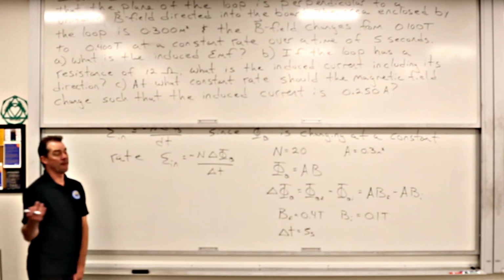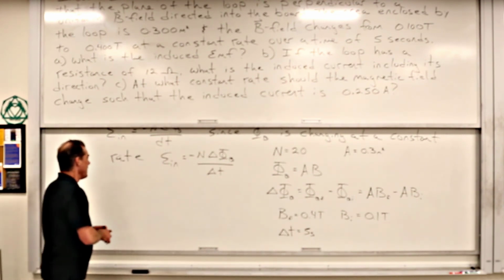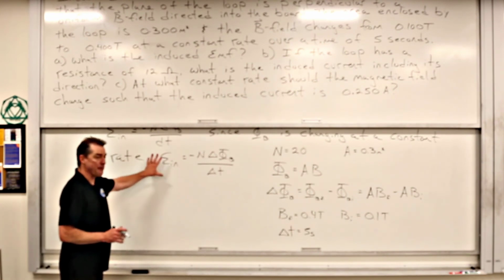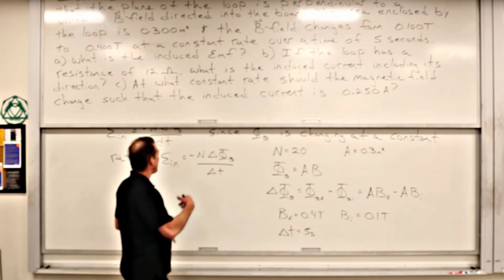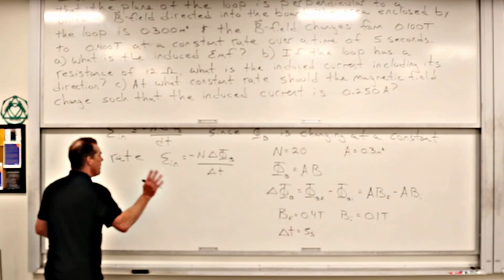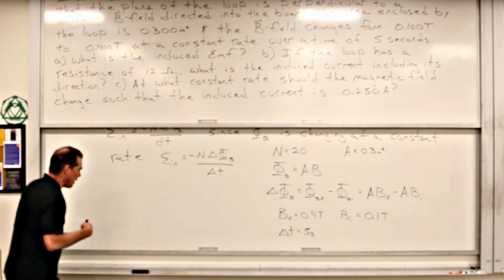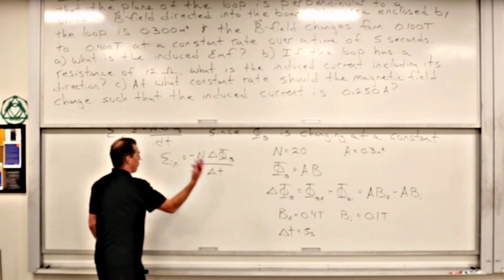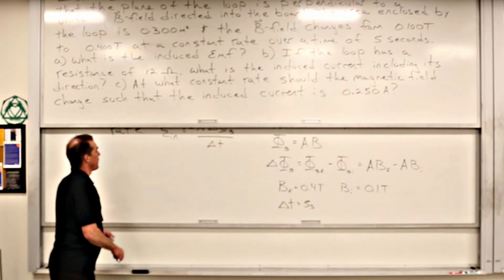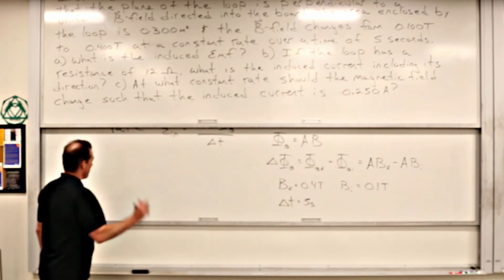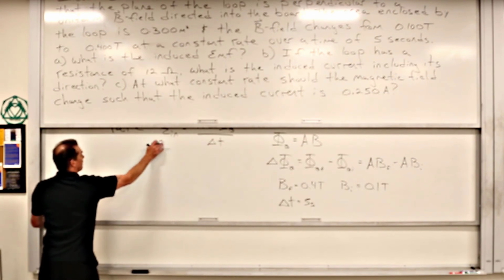So we can go ahead and define what the induced EMF is. Now, I'm just going to go ahead and look at the absolute value of this, because the sign is a matter of the polarization. Not really concerned with that. We're more concerned with what is the value of this induced EMF. The sign correlates with the directionality associated with the induced current, we'll say. So let's go ahead and look at this then.